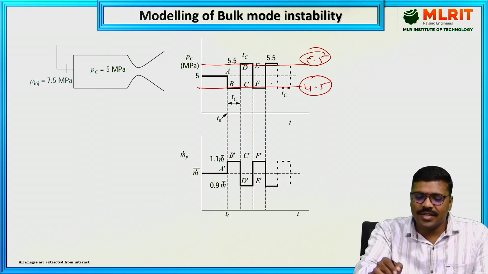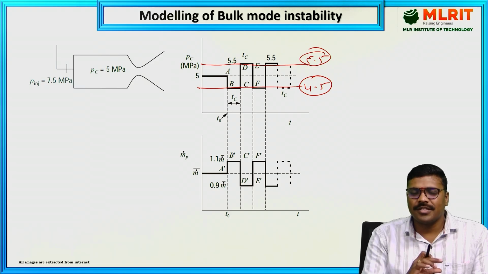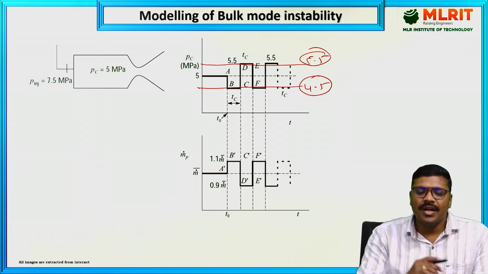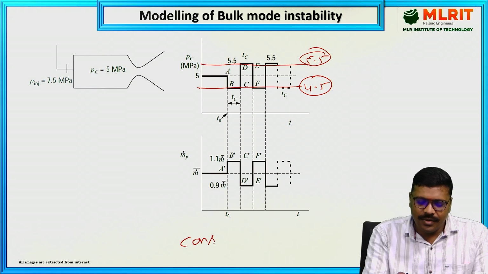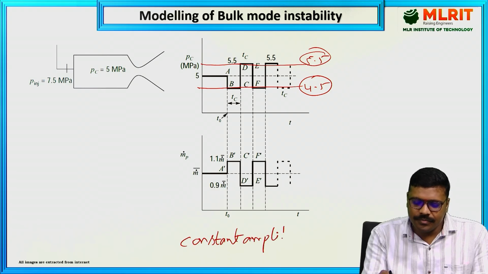You can see the oscillations, how the pressure is oscillating with respect to time. The oscillations are constant, the frequency is constant, so it is a constant amplitude oscillation. We can call this constant amplitude oscillations.